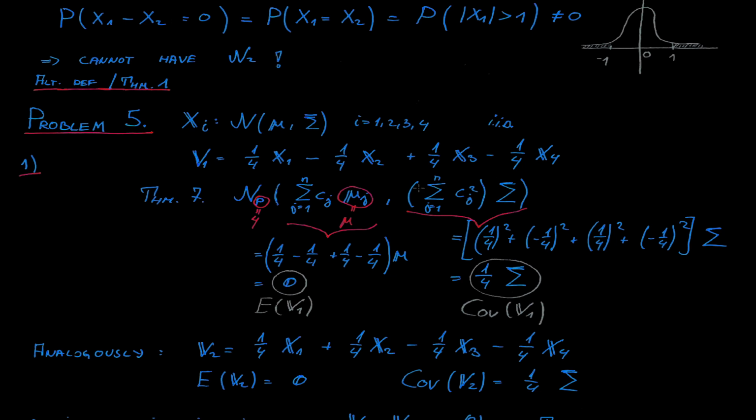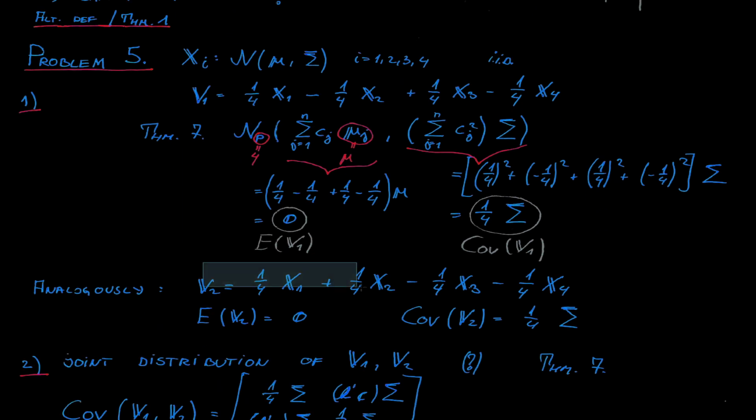The theorem also tells us the covariance matrix. Again, this is in the theorem. It has to be the same for every random vector, and the sum of squared constants, when you sum them, you get 1/4. So this is our covariance of v1. This is how we can use that theorem to determine the distribution of a linear combination.